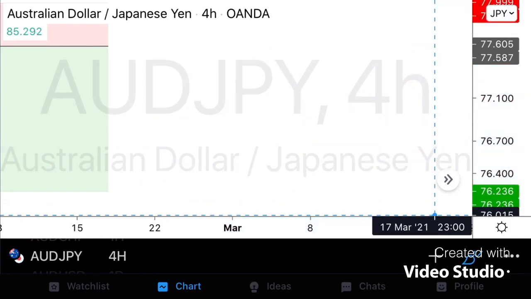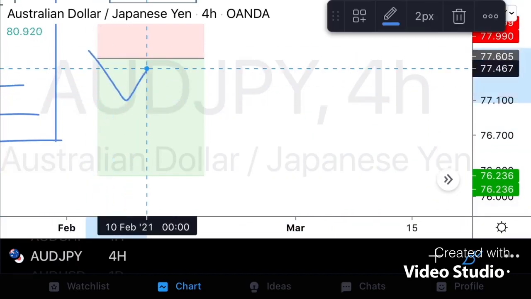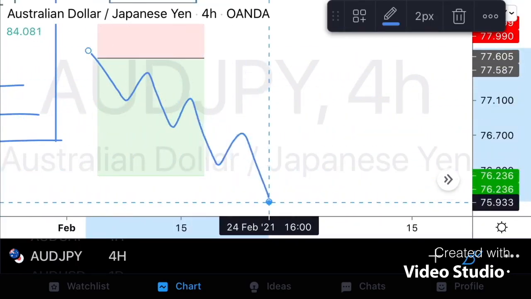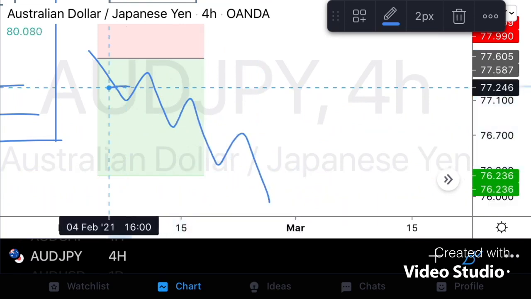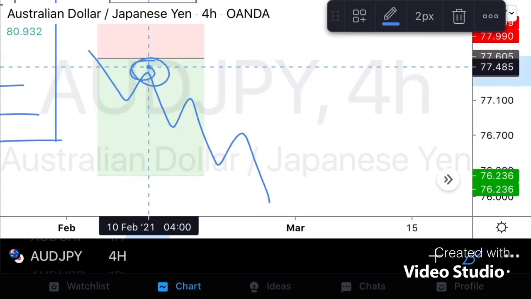So if we look at that exact same example and say that we're entering a sell here, all we'll be doing is trailing stop losses according to the new structure that has been developed. Once we see this low being formed, we expect a lower high because we're in a downtrend.